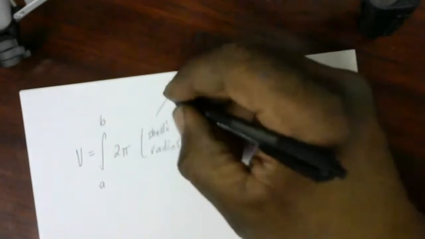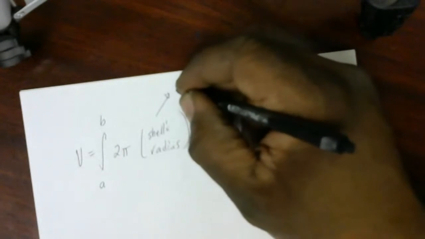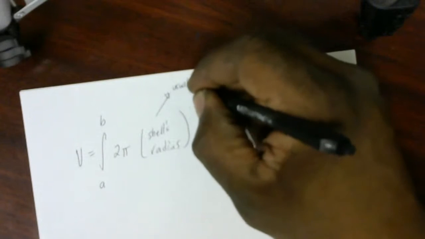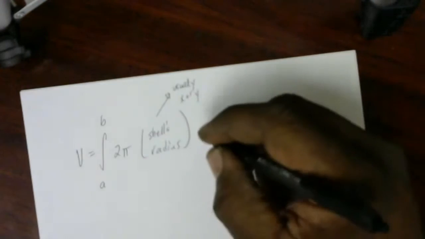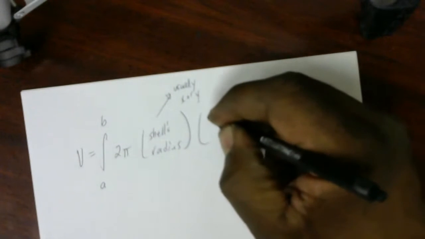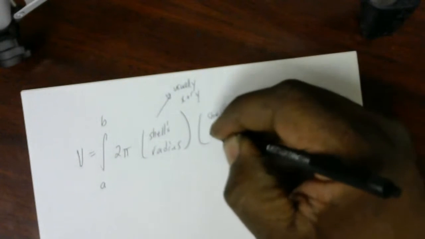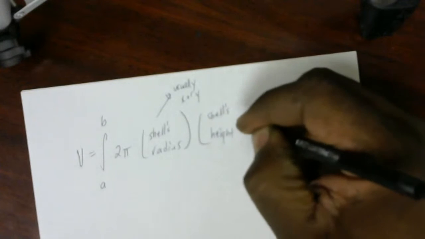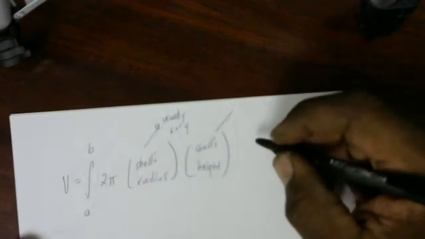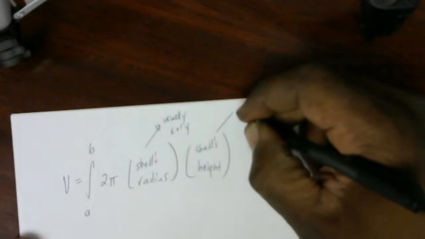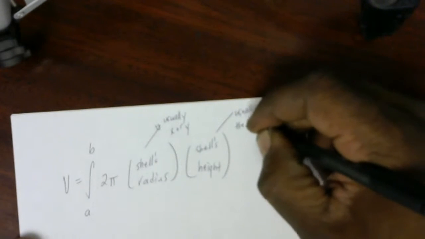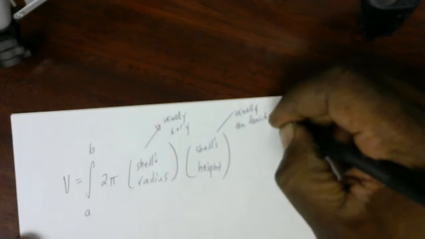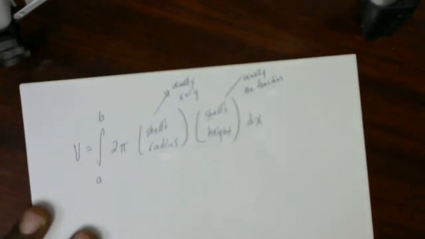The shell's radius is usually x or y. And the shell's height is usually the function.